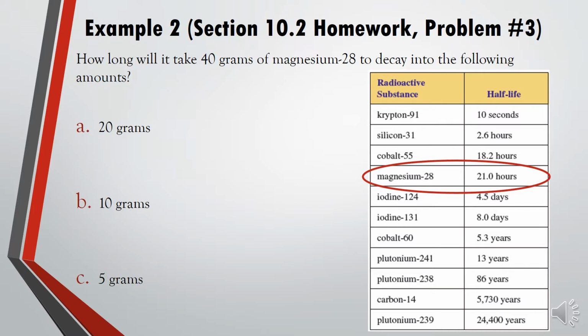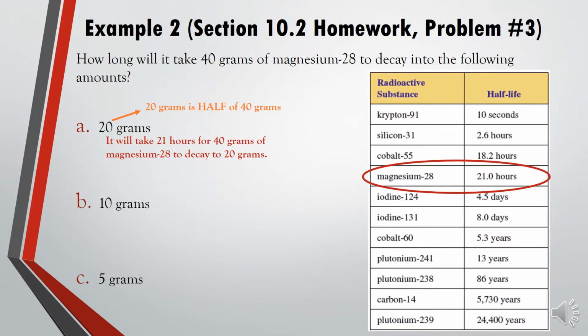It says the half-life of magnesium 28 is 21 hours. If we started with 40, 20 grams is half of 40 grams. So the half-life is 21 hours. Then it will take 21 hours for 40 grams of magnesium 28 to decay to 20 grams.